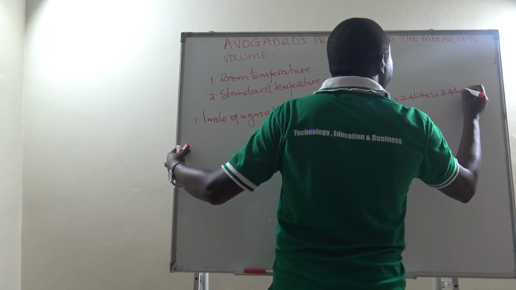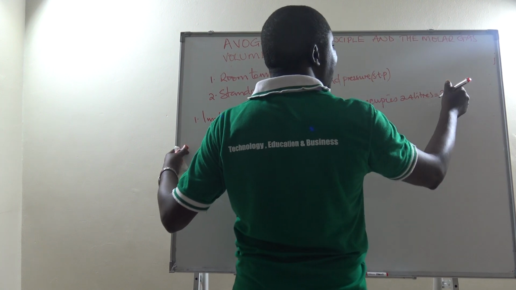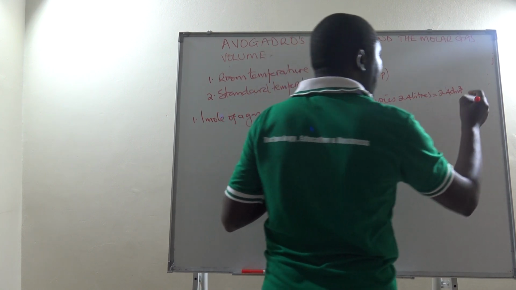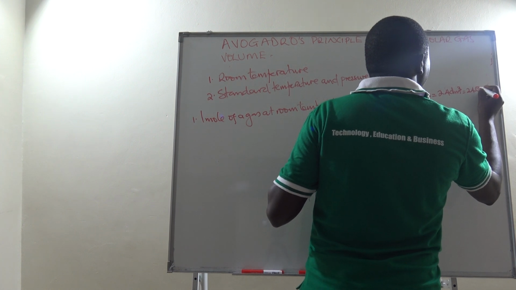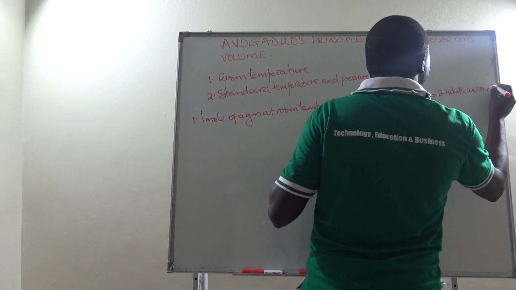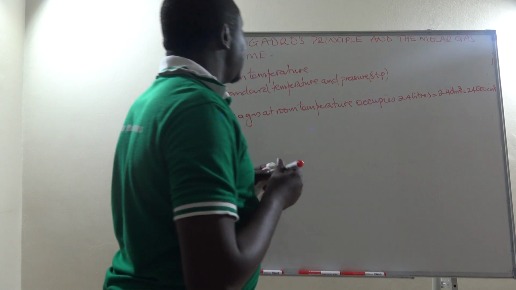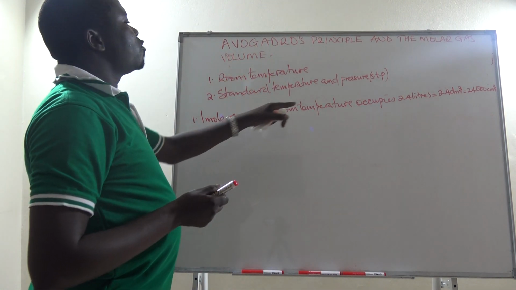Now, in terms of cubic centimeters, we multiply by 1000 and it gives us 24,000 cubic centimeters. So this is the molar gas volume at room temperature.